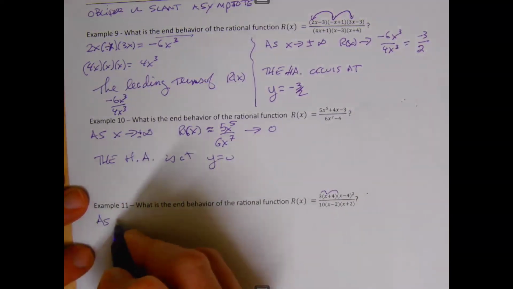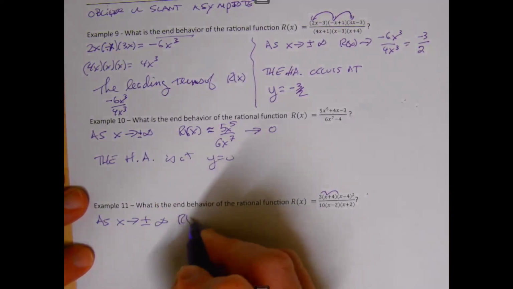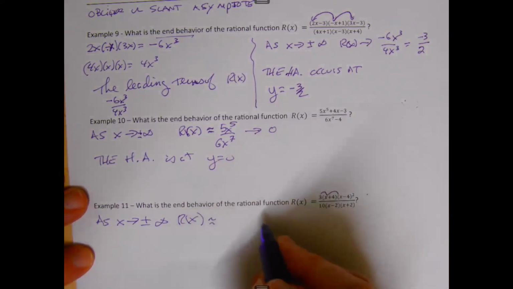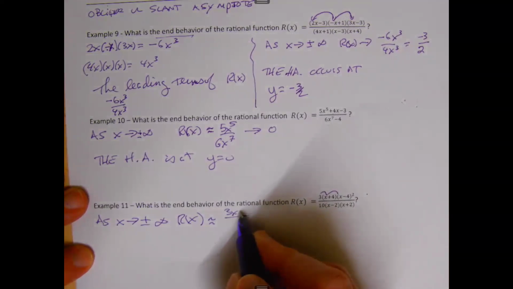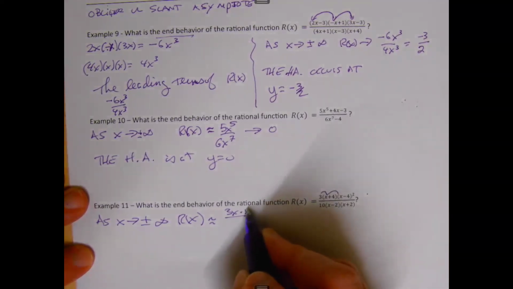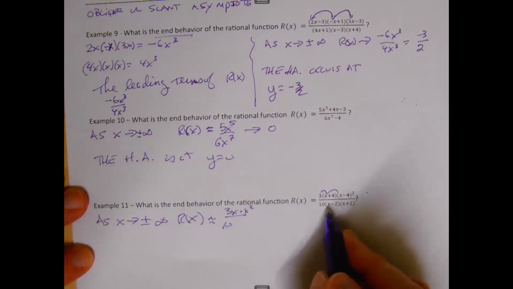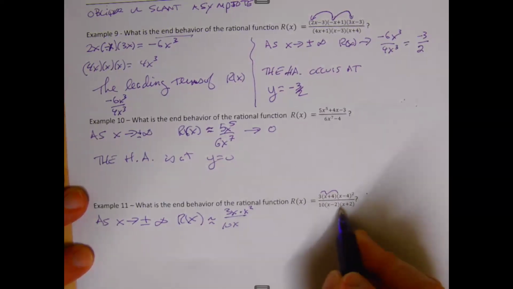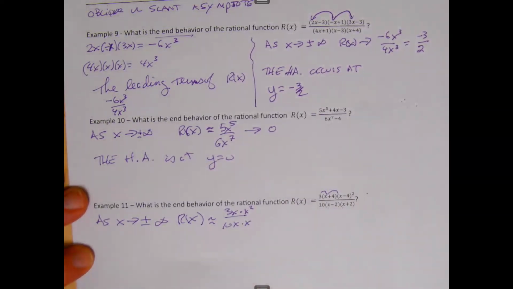So as x approaches positive or negative infinity, r of x is approximately, the numerator, 3x times x squared. The denominator is 10x times x. Yep, that's it.